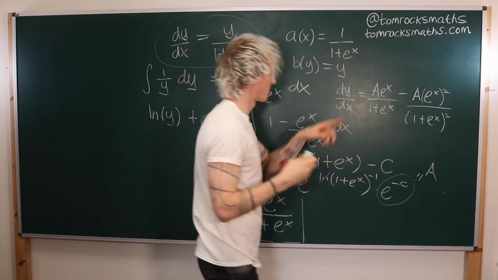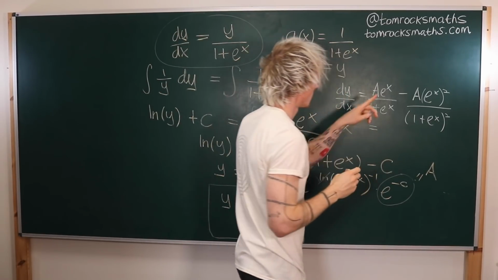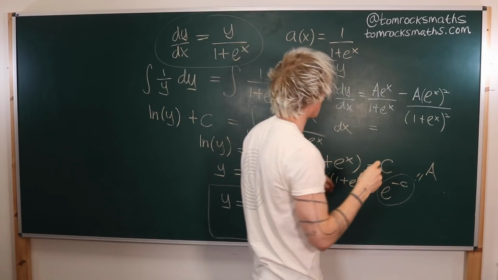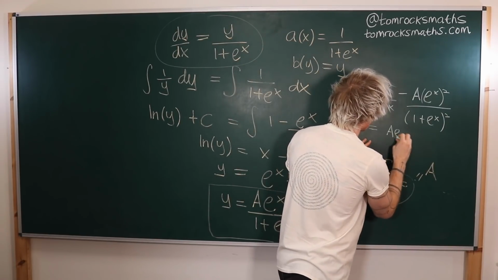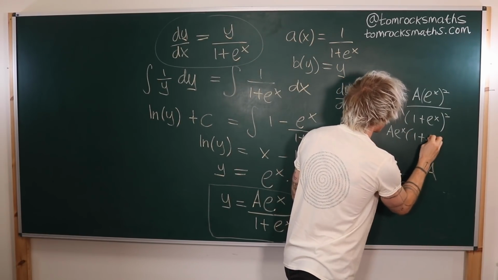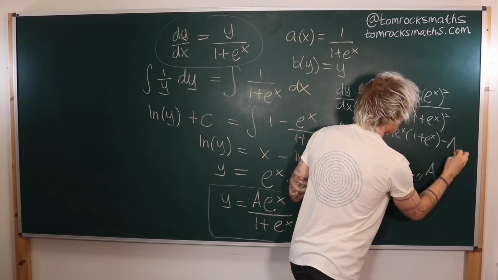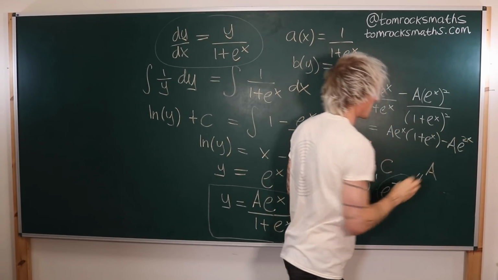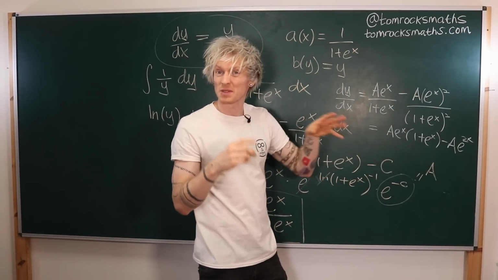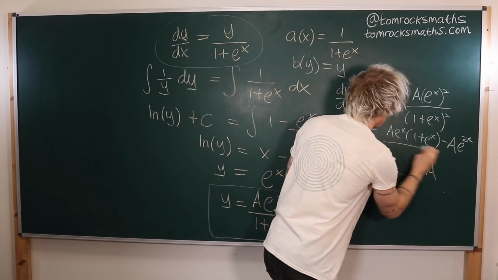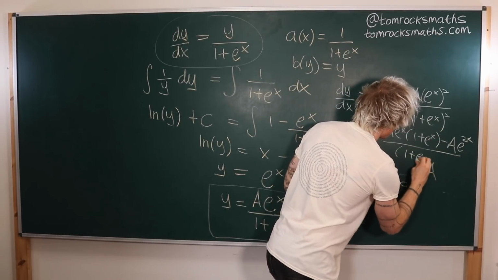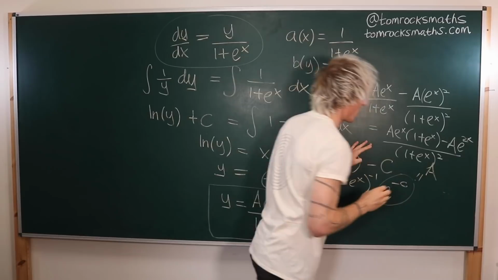So we do that by putting this over a common denominator. So this will become a e to the x times 1 plus e to the x minus a e to the 2x, because the squared there of course becomes a 2x in the power, all divided by 1 plus e to the x squared.